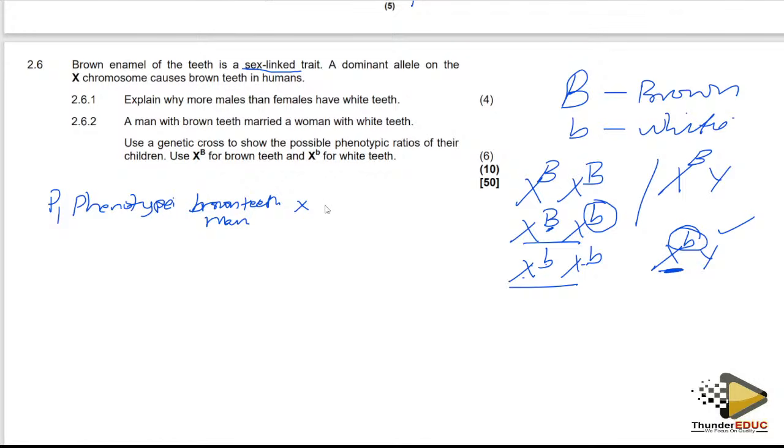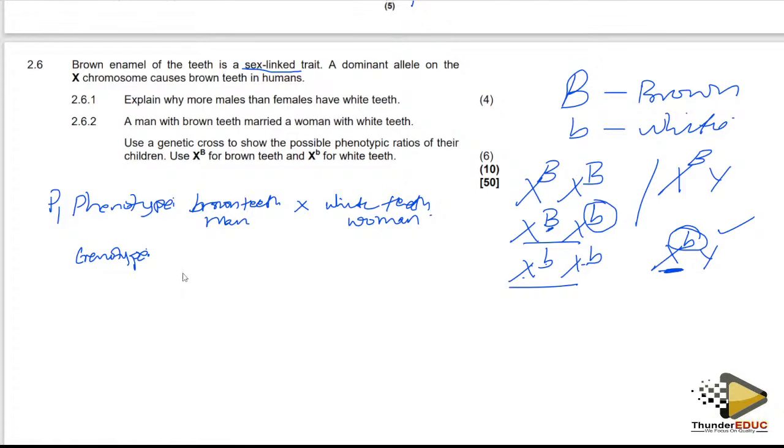Then they are saying that the lady has white teeth. Use a genetic cross, use XB. So we go to the genotype, the description of an organism in terms of genes.